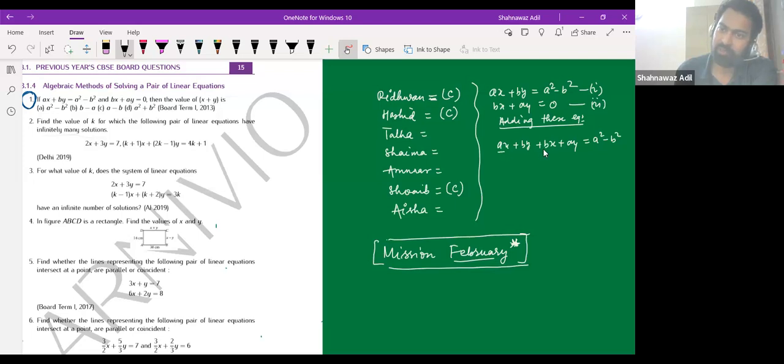So ax plus bx, x we can take common, and again y we can take common, so a plus b. And then we can take a plus b common. So x plus y.